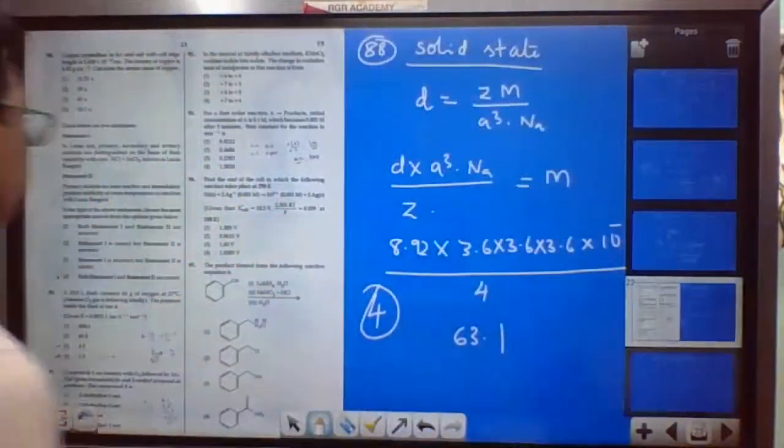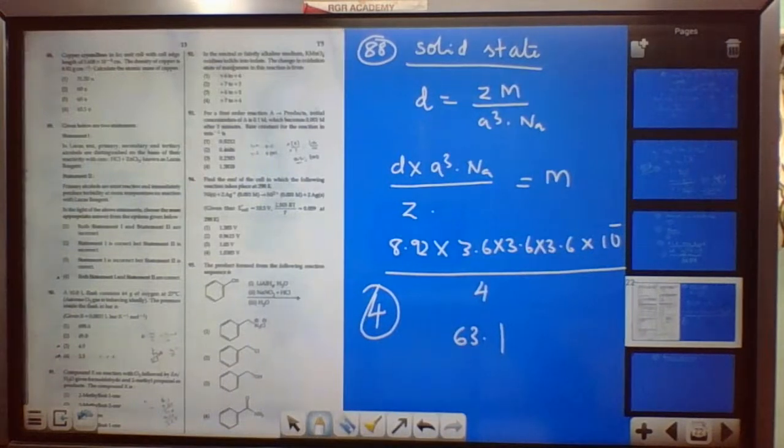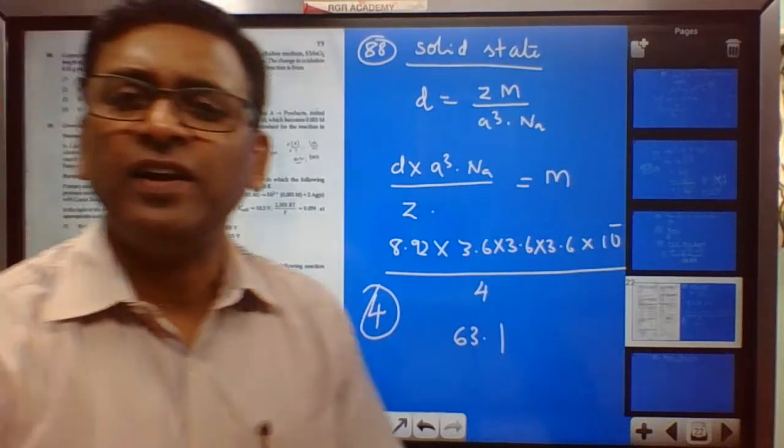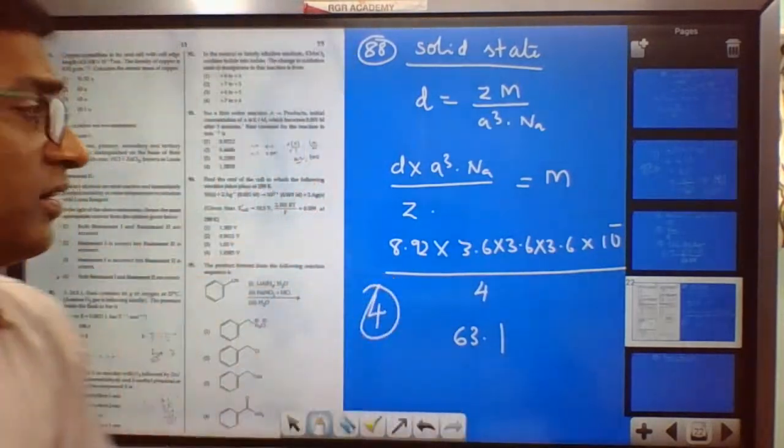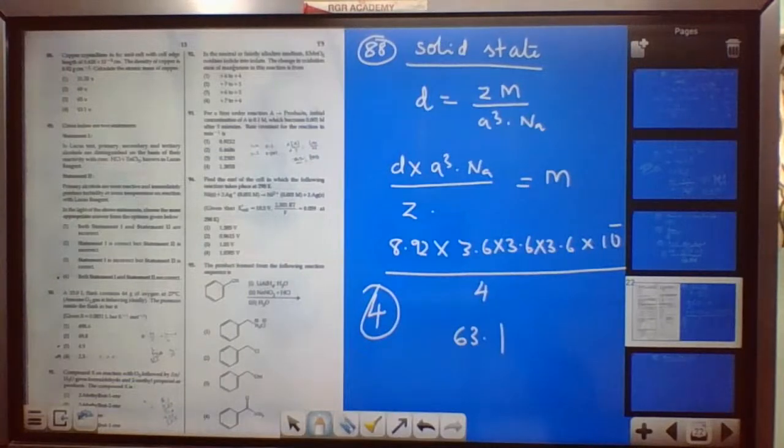See, in Lucas test, primary, secondary, and tertiary alcohols are distinguished on the basis of their reactivity with concentrated anhydrous zinc chloride, known as Lucas reagent. Correct. So Lucas reagent is used to differentiate primary, secondary, and tertiary alcohols. Statement 2.